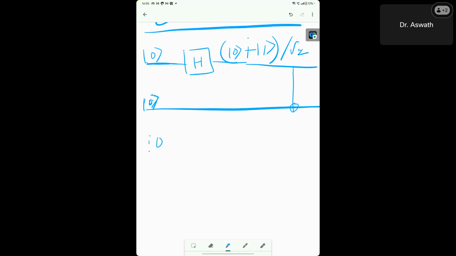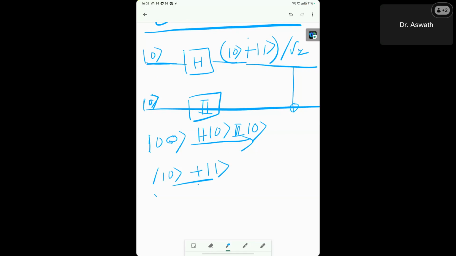So the input state is 0, 0. Okay. And then Hadamard on the first qubit, identity on the second qubit, because there is nothing here. You can say there is identity here. Okay. Which gives me what? Hadamard puts a superposition. Okay. And identity does nothing.